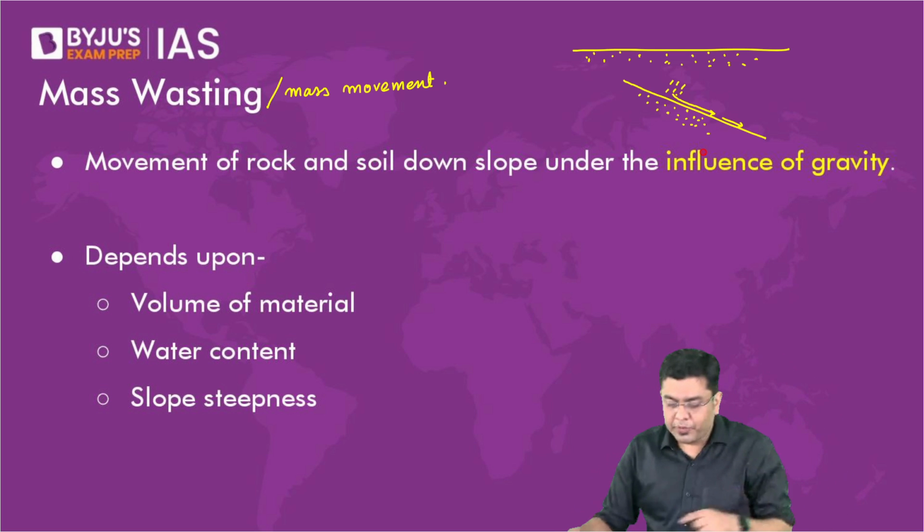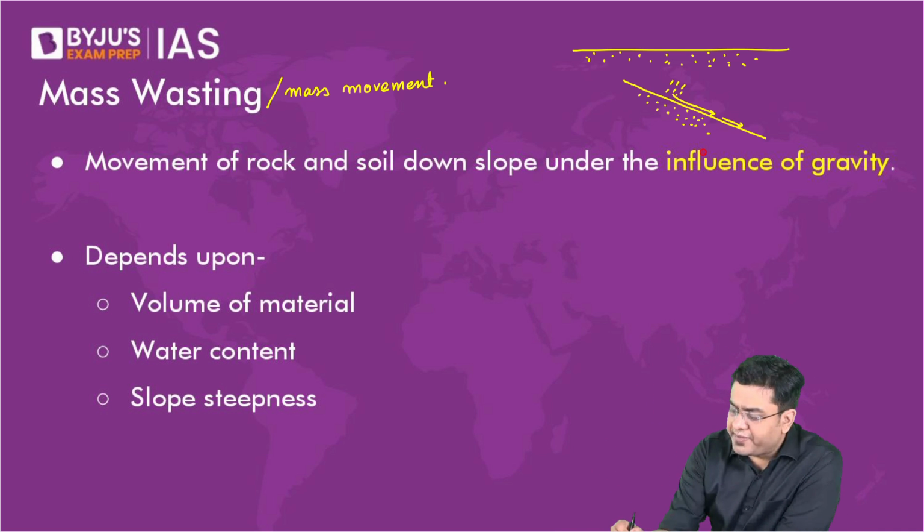Now let's suppose you have a condition where the slope is somewhat like this, a steep slope, almost vertical. Now, in this case, if there is a rock structure which is overhanging like this, slowly and steadily it will get weakened and it will fall down.